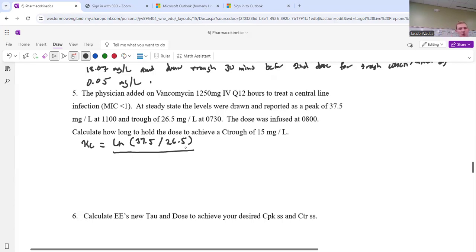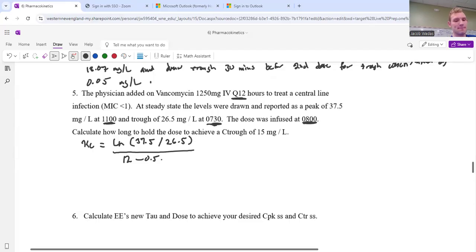Everything is around this 800 time. Trough was drawn at 730, and the tau is 12. So you do 12 minus 0.5, because this is half an hour before. And then the peak was drawn at 1100, which is 3 hours after 800.